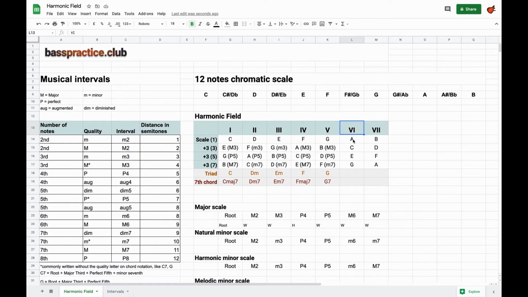Now, the 6th degree here: A, C, E, G. From A to C, we have 1, 2, 3 semitones. 3 semitones, we saw that's a minor third. From A to E, 1, 2, 3, 4, 5, 6, 7, perfect fifth.